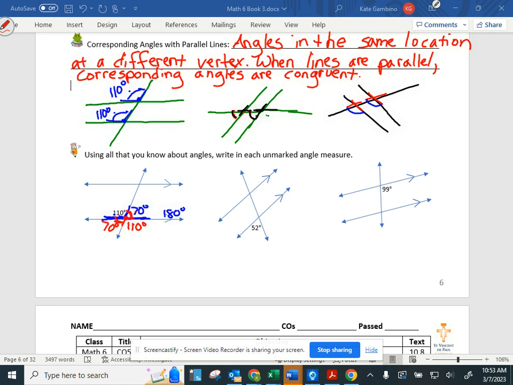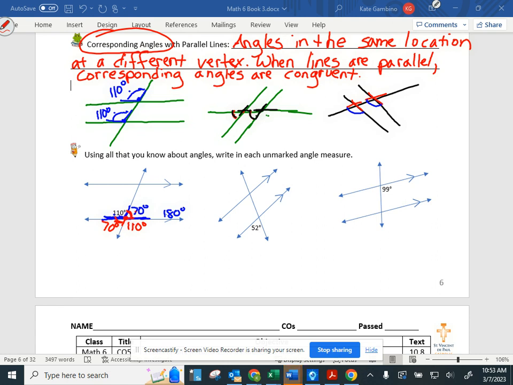So now we have to fill in this X up above that has no angles on it. They don't give us any angle measurements. How am I supposed to fill it in? Because it's what kind of angles? Corresponding angles. So you're right, it does look the same because they are on parallel lines.